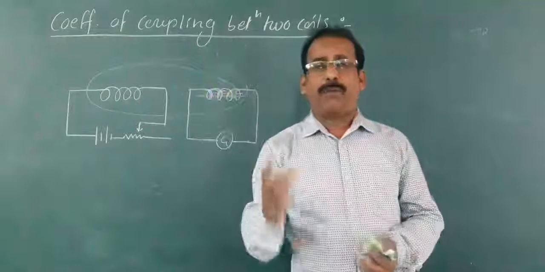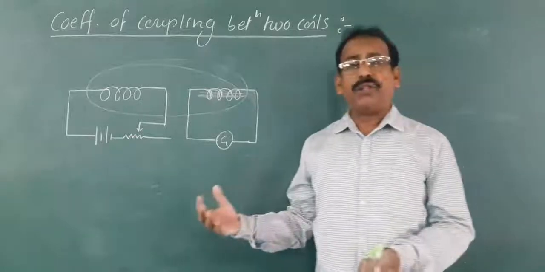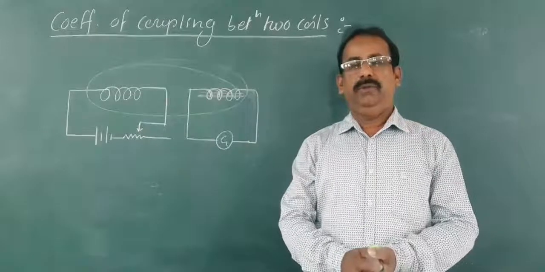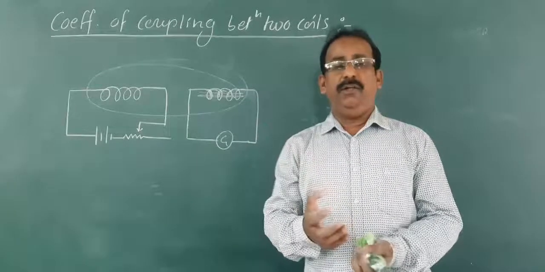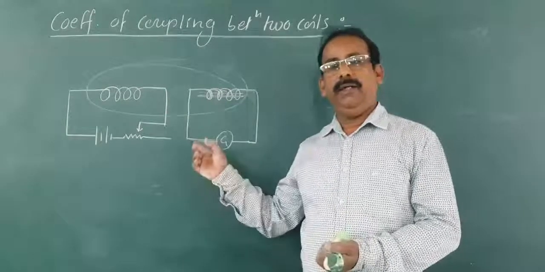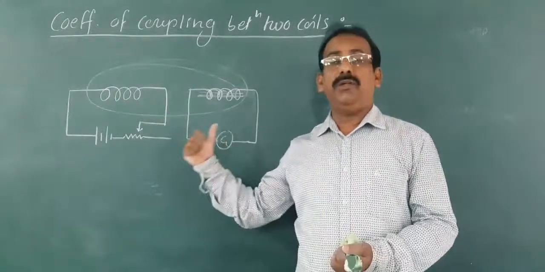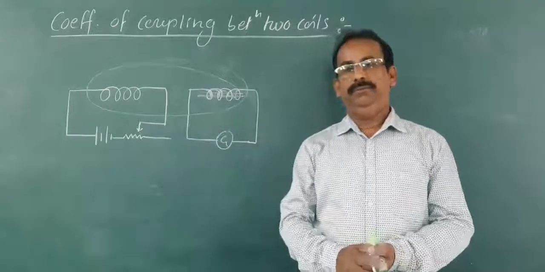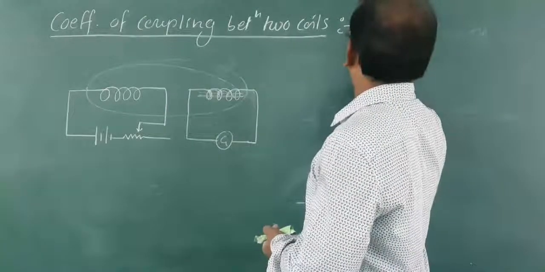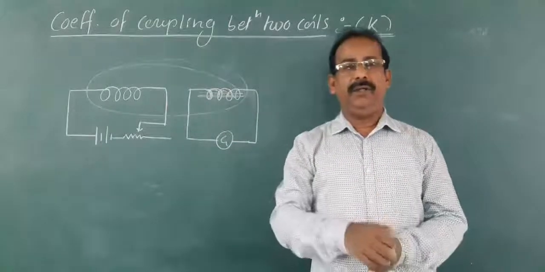This coefficient of coupling represents the portion of the magnetic flux of the magnetic field produced by the first coil reaching the second coil. It is denoted by the letter K.